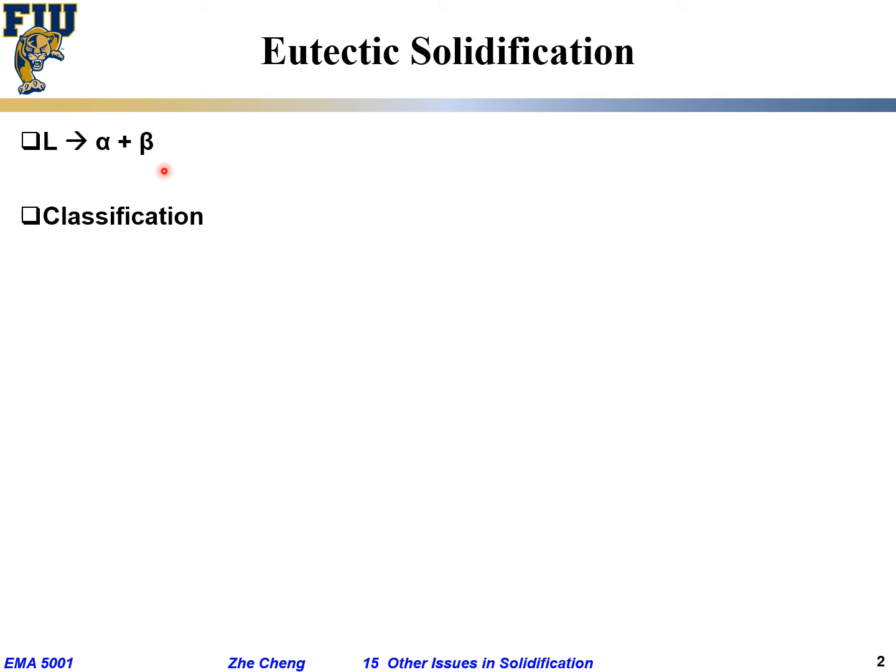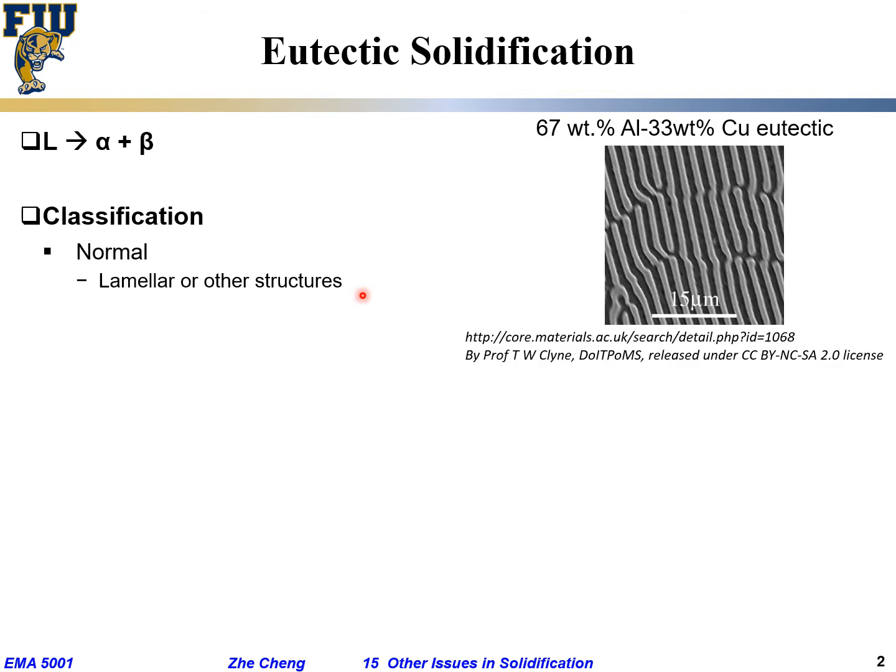And in terms of classification, there's a so-called normal eutectic solidification, and generally it yields lamellar or layered structure and some related structure. This picture shows the microstructure for an aluminum copper eutectic composition, and you see that they are closely spaced, we call lamellar or layered structure.